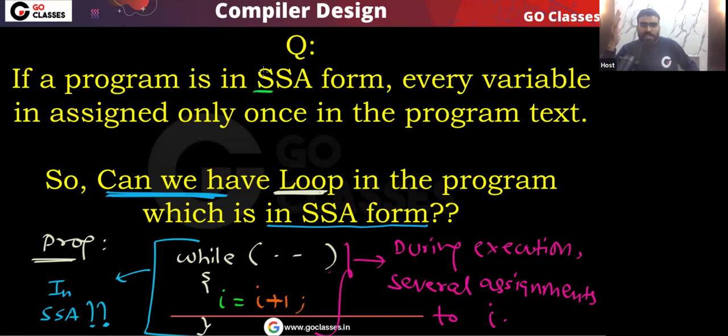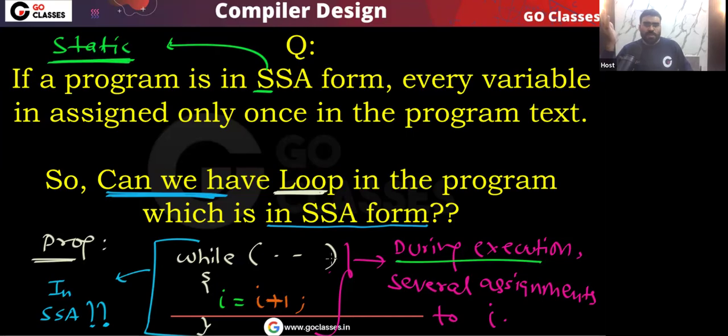See, the name is static. Why am I telling you static again and again? We do not care about execution. During execution, assignment can happen any number of times. I don't care. You can assign a variable 1,000 times, 1 crore times. But in the program text, every variable should be assigned only once.